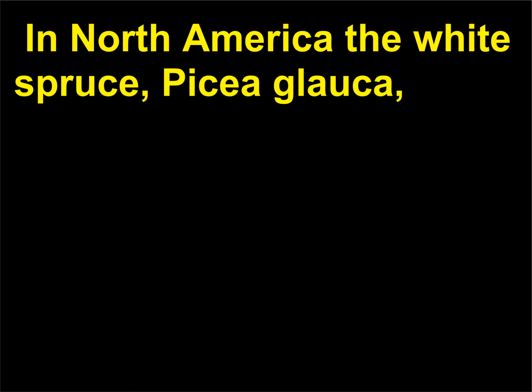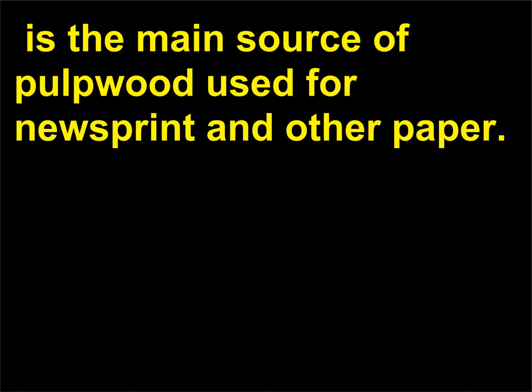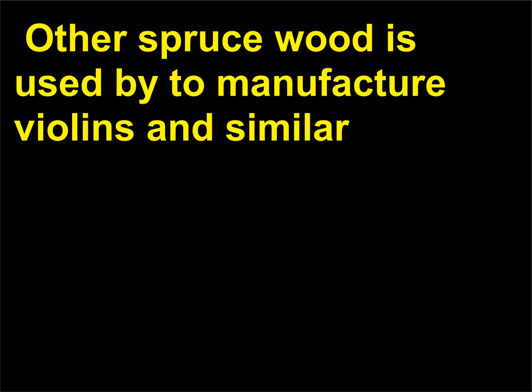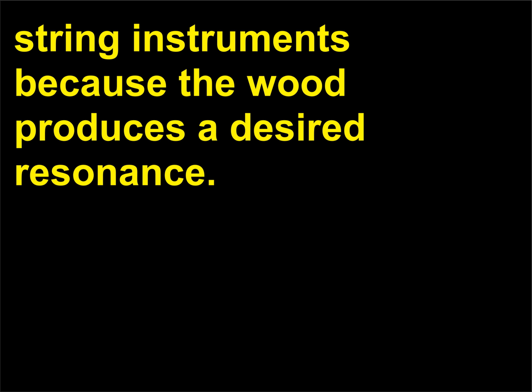In North America, the white spruce, Picea glauca, is the main source of pulpwood used for newsprint and other paper. Other spruce wood is used to manufacture violins and similar string instruments because the wood produces a desired resonance.